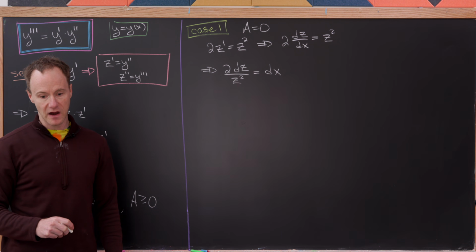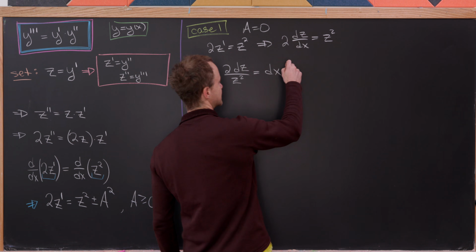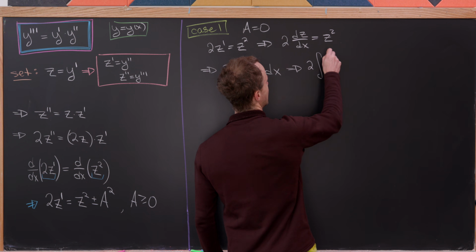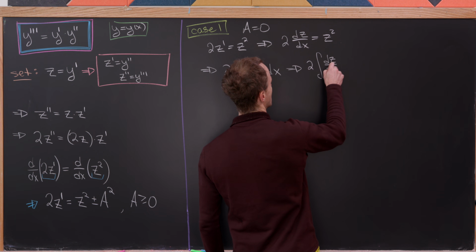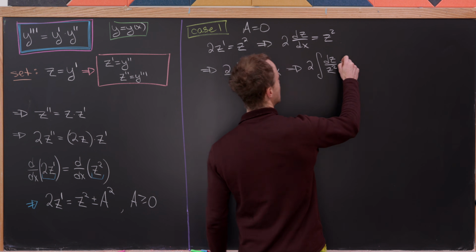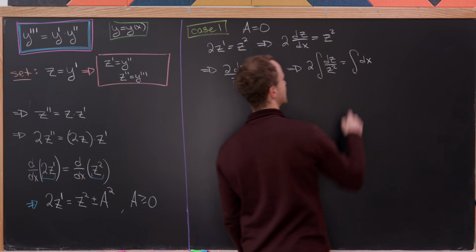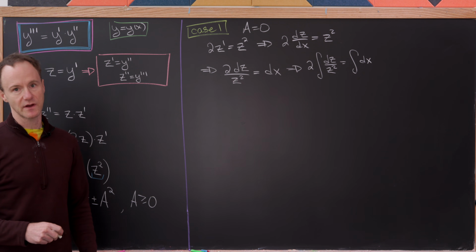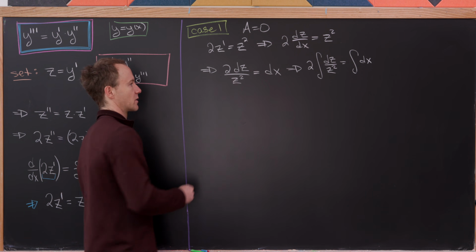And now from there, we'll take the antiderivative of both sides, or the indefinite integral. So we have 2 and then the integral of dz over z squared equals the integral of dx. But now, each of those antiderivatives are fairly straightforward.